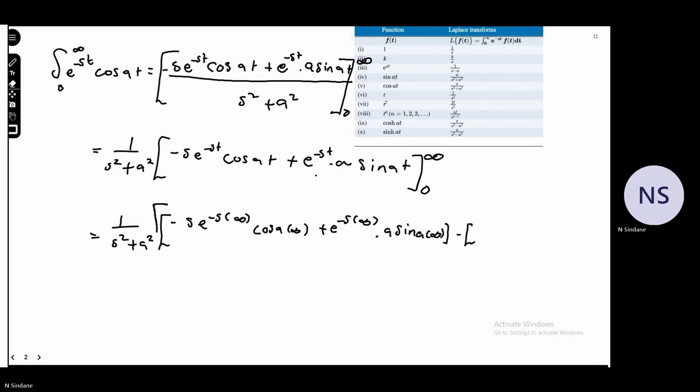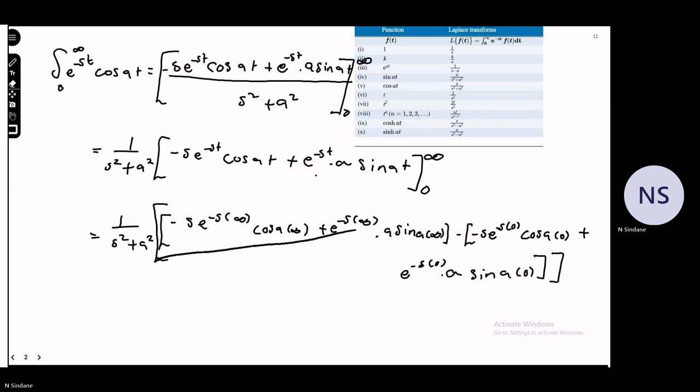Let's do that. Use two brackets. Subtract minus s e to the power minus s into 0, cos of a into 0, plus e to the power minus s into 0 multiplied by a sine of a into 0, right? This part, all of it is out.